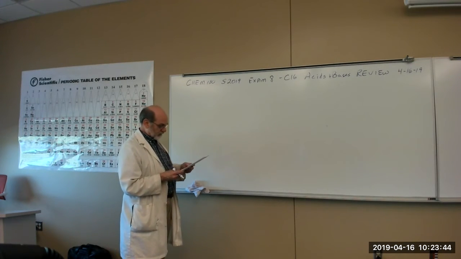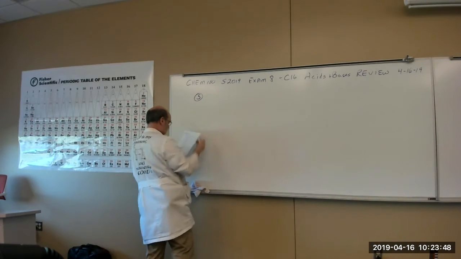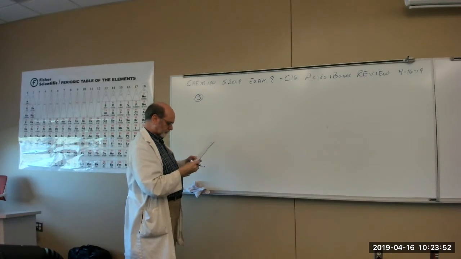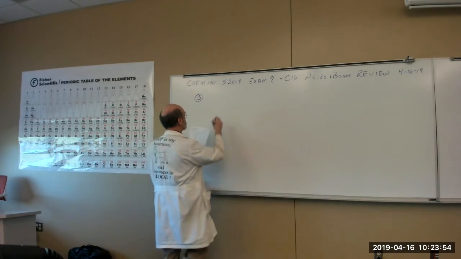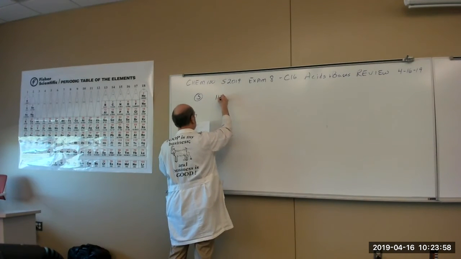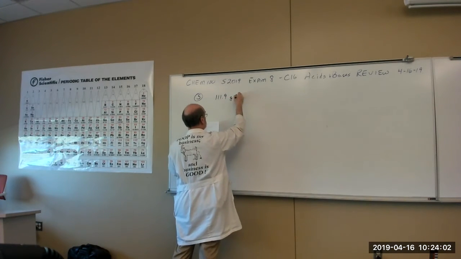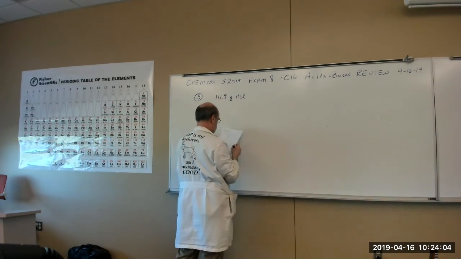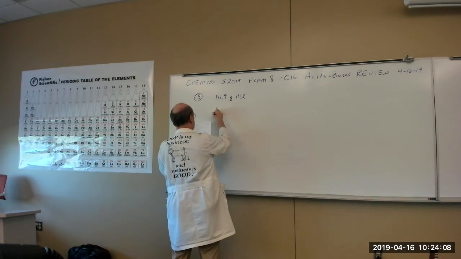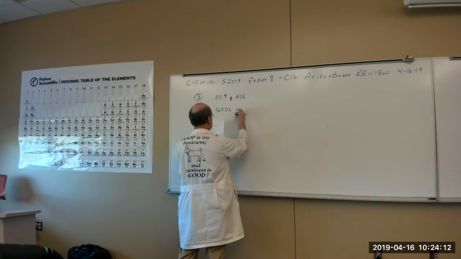Well, let's look at 5. To see if you can calculate the pH of a solution if you're given the initial conditions of 111.9 grams of HCl, and we're going to dissolve that in 160 liters of water.